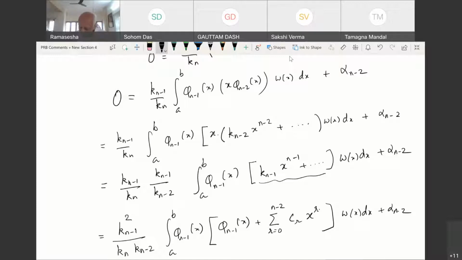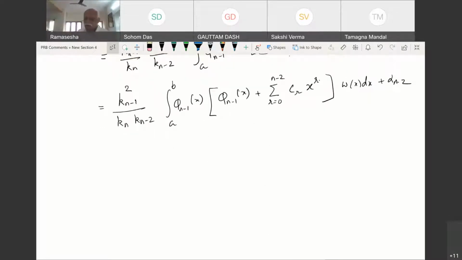Then I can write this one as P_{n-1}(x) plus everything of lower power of x, r equal to 0 to n minus 1. Is it okay? Yes, sir. Then what I get is this one. If I'm using normalized polynomials, this will be k_n times this part; the integration will give me 0 because P_n has degree less than n minus 1.